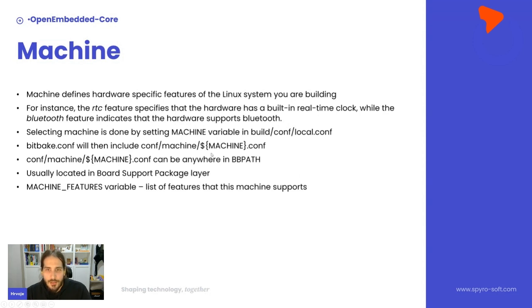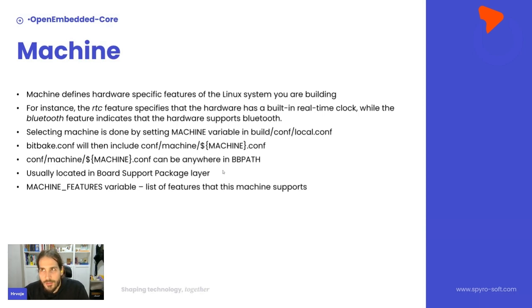So now we have the MACHINE variable, it's still located in local.conf, and then bitbake.conf will include this machine configuration. Usually these machine configurations are located in special layers that we call board support package layers. These layers are just what the name suggests: they add configuration and recipes needed to support Linux for specific hardware.